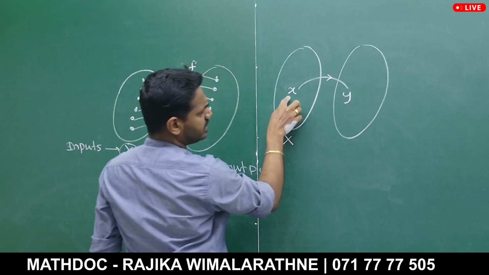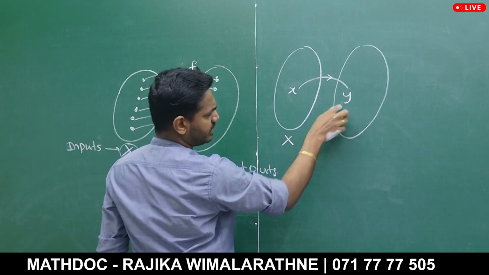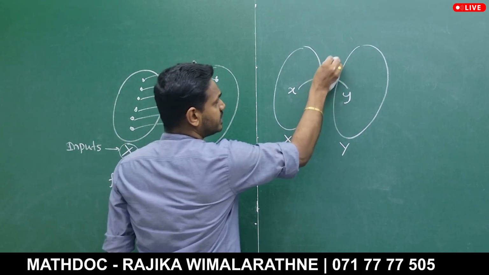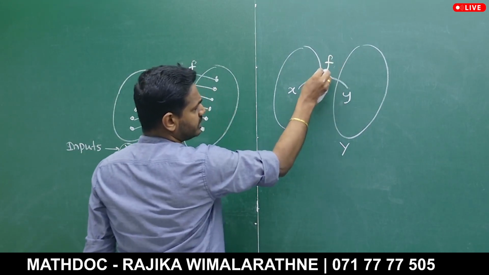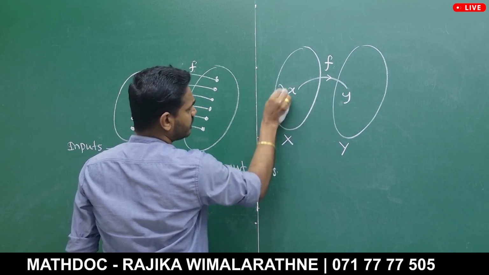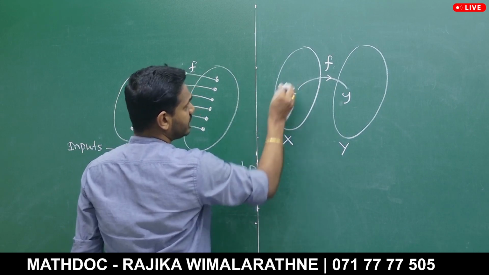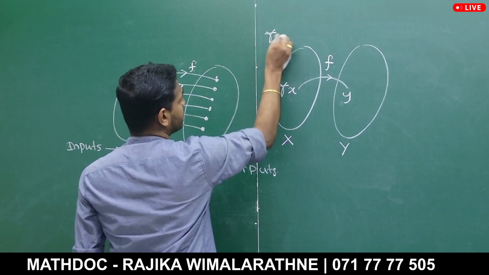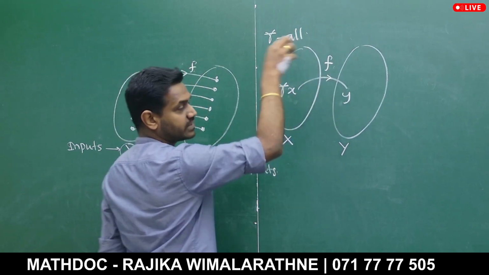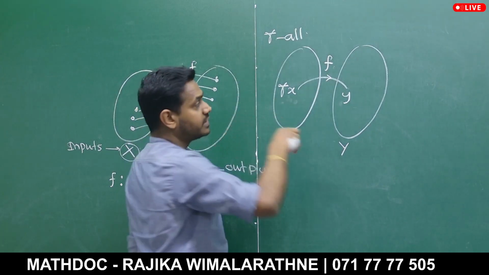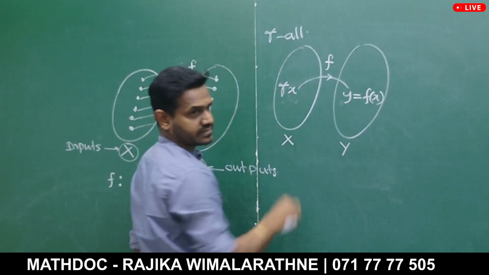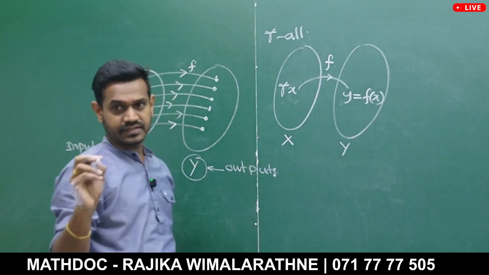Here independent variable, here dependent variable, here capital Y. This rule we call function f. Every element, or we represent with R cross this, that represents all. All x values are connected with y. Here we denote this as f(x). Then y equals f(x).